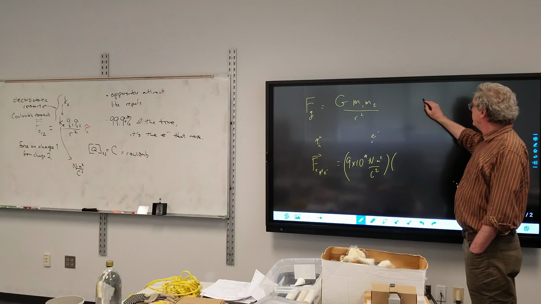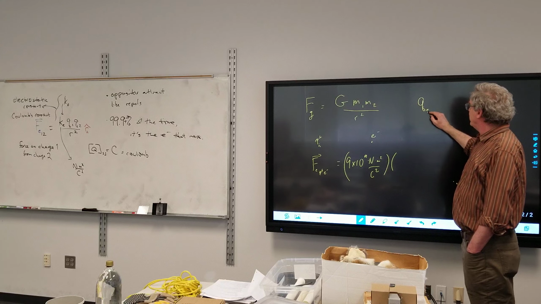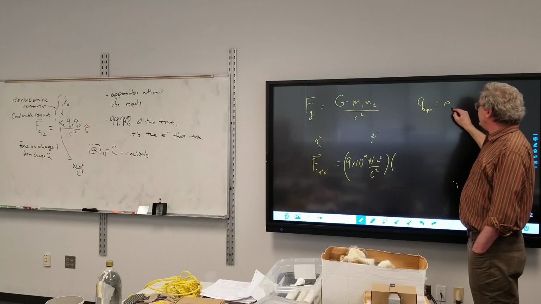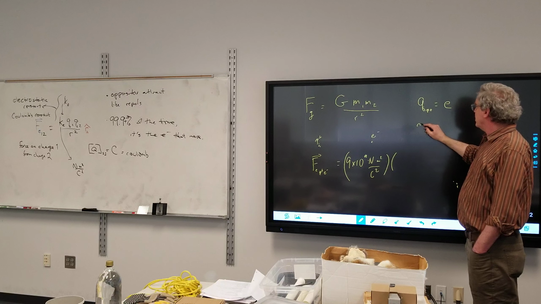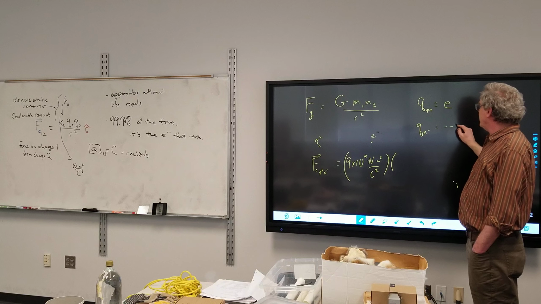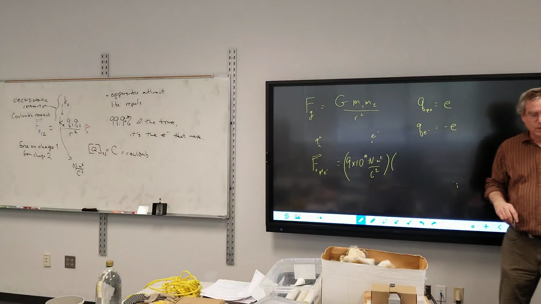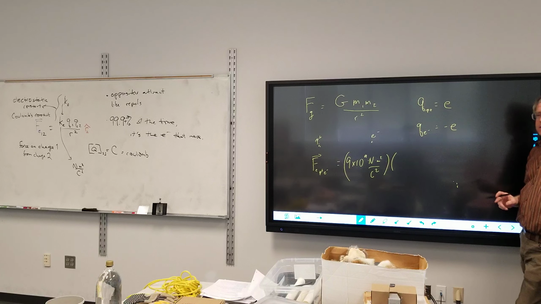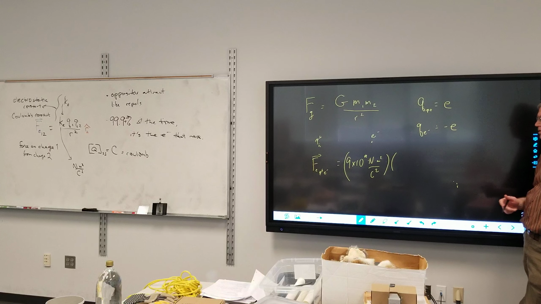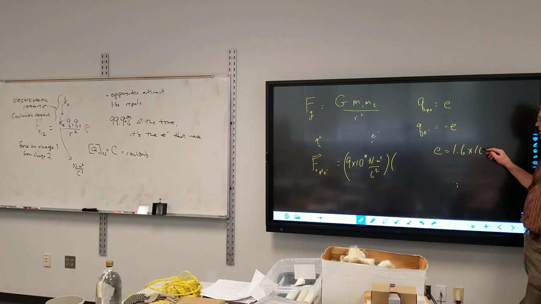And we can write Q of the proton is equal to e. The charge of an electron is equal to negative e. This is not Euler's constant, the 2.71828, etc. This is considered to be sort of that base charge. 1.6 times 10 to the negative 19th coulombs.